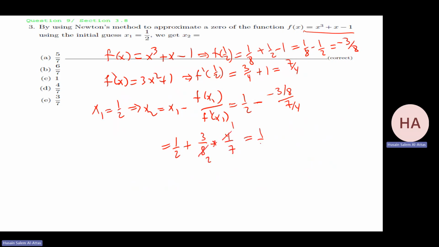So that will be half plus 3 over 14, which is what? Which is 7 plus 3 over 14, which is 10 over 14, which is 5 over 7, which is this.